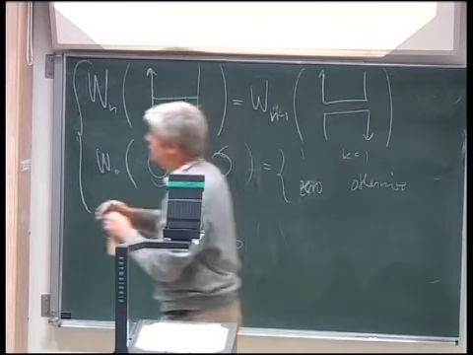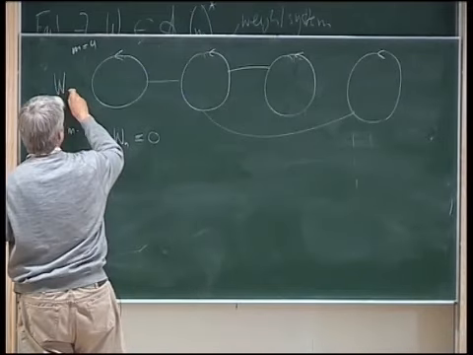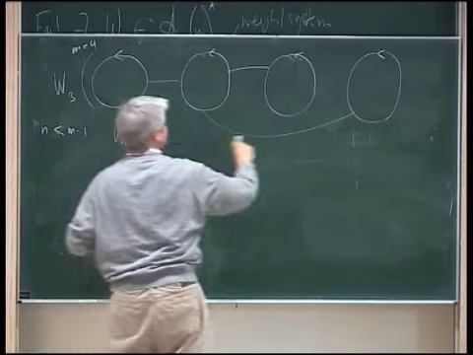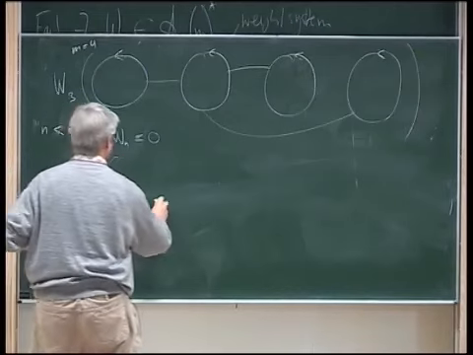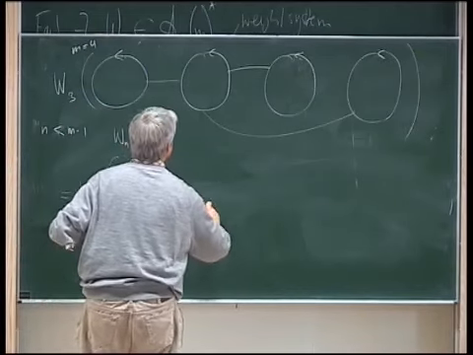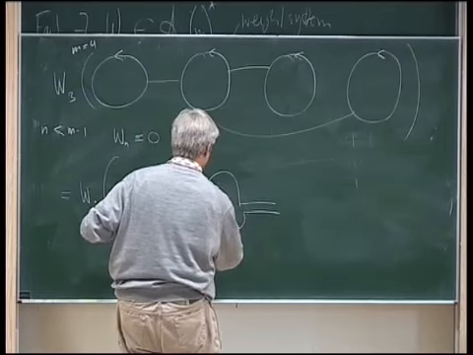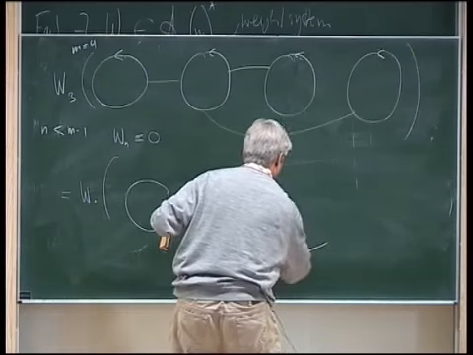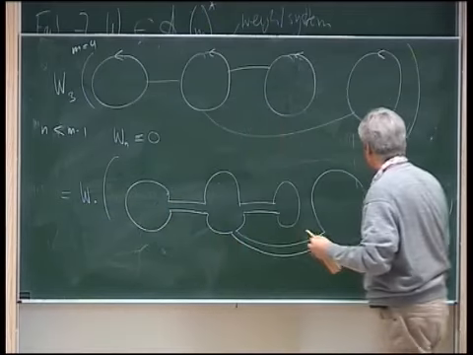Then it actually becomes something like this: W3 of this becomes W0 of, and now I just do the surgery. I mean, you get the idea, right? Of this, and this is 1.